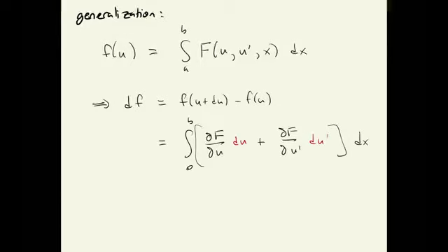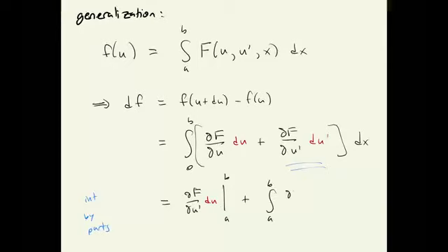But now you integrate by parts on the du prime term, because we don't like having du primes. And so you get partial F partial u primed times du, evaluated at a, b.